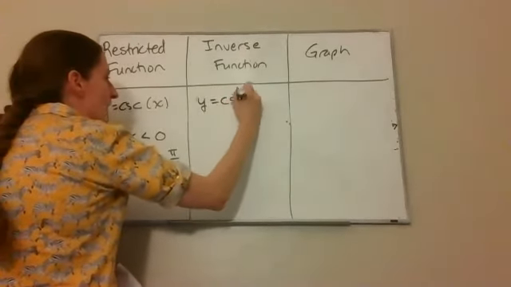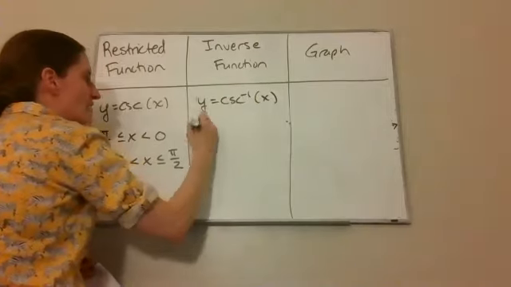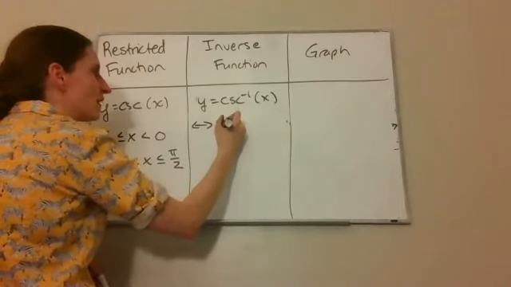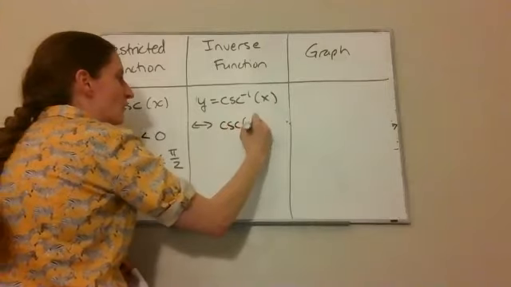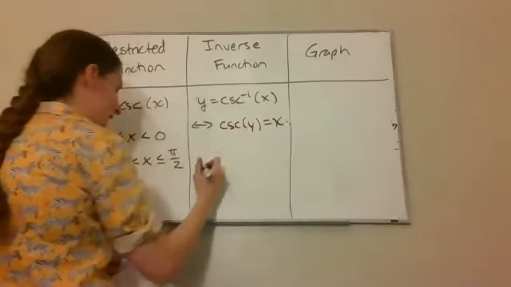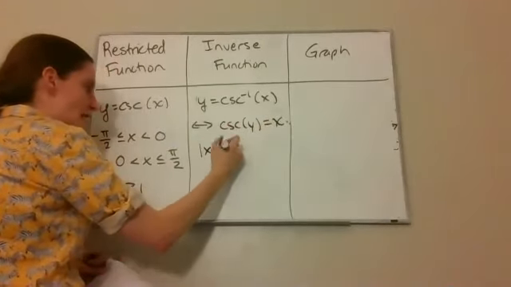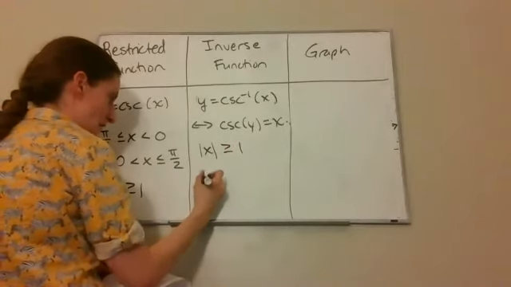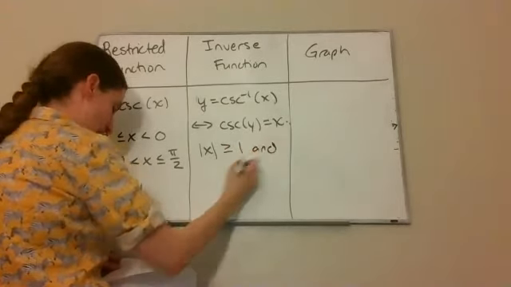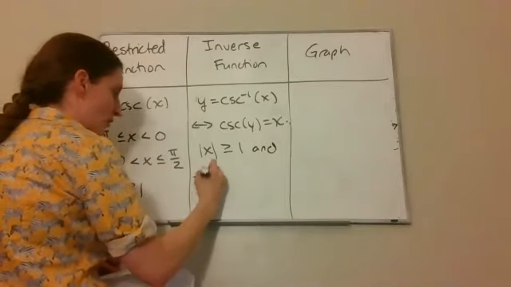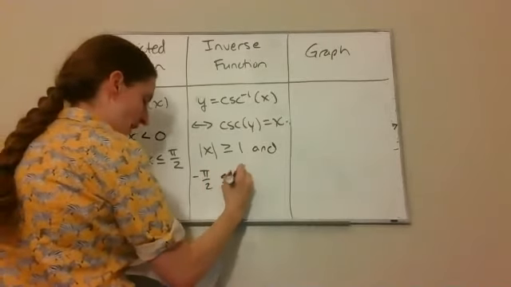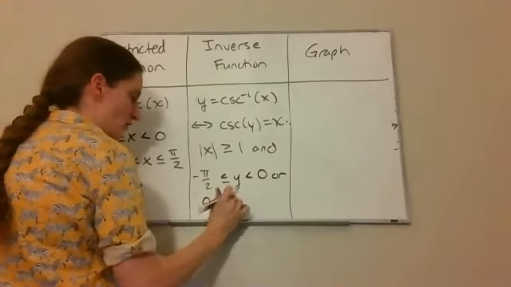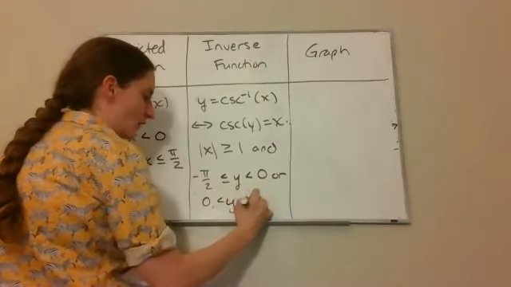Then my inverse cosecant is defined as y equals cosecant inverse of x if and only if cosecant of y equals x, and our domain and range flip. X is greater than or equal to 1 in absolute value, and my y, the outputs, are between -pi/2 and pi/2, but not equal to 0.